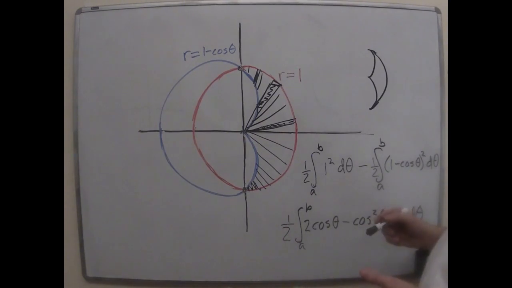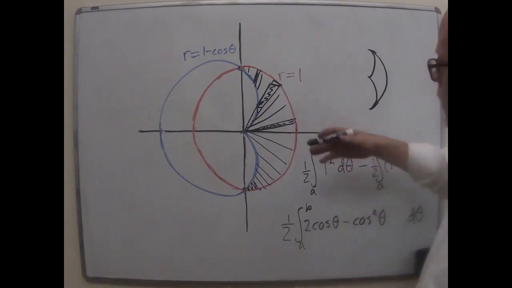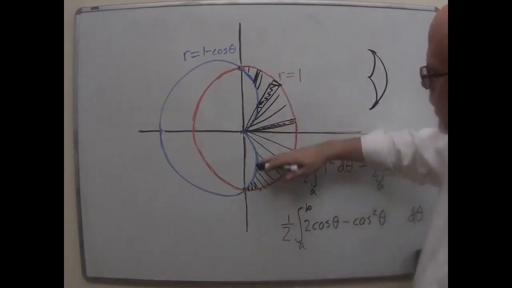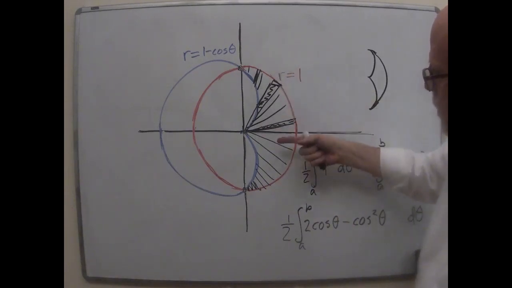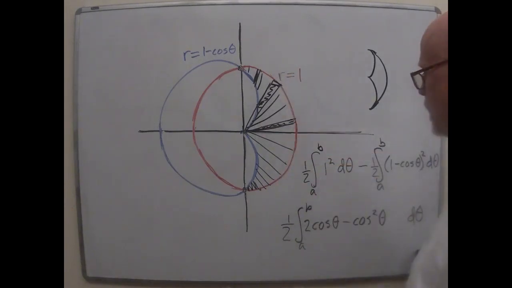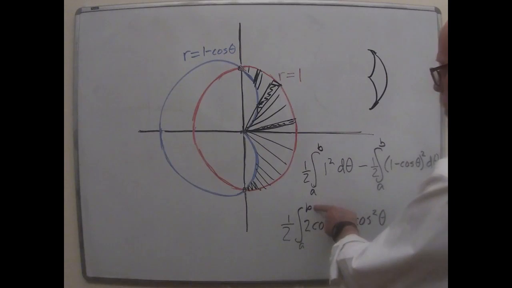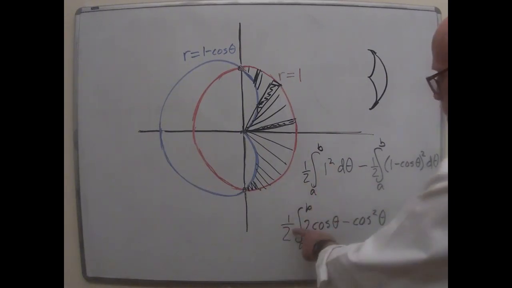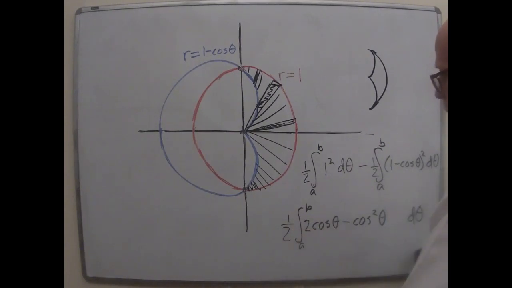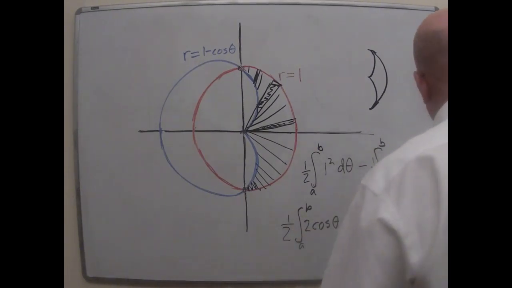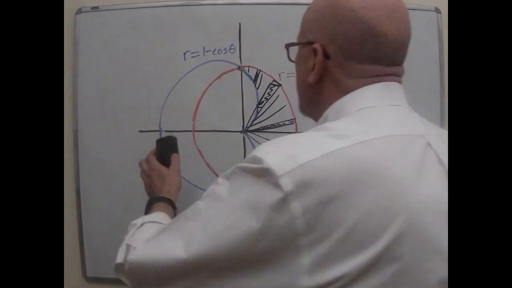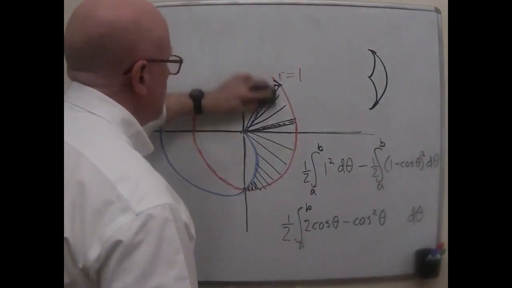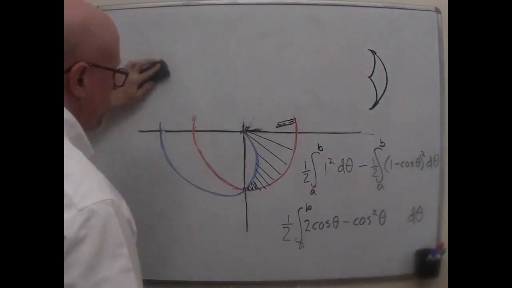Hey, here's a nice shortcut. You see how this thing is symmetrical around the x-axis? The top half and the bottom half are mirror images. We can just go from 0 to pi over 2 and double it. And that'll be nice because we also already have this 1/2 out here. So I think it's a good idea to re-express the integral I want up here in the corner.